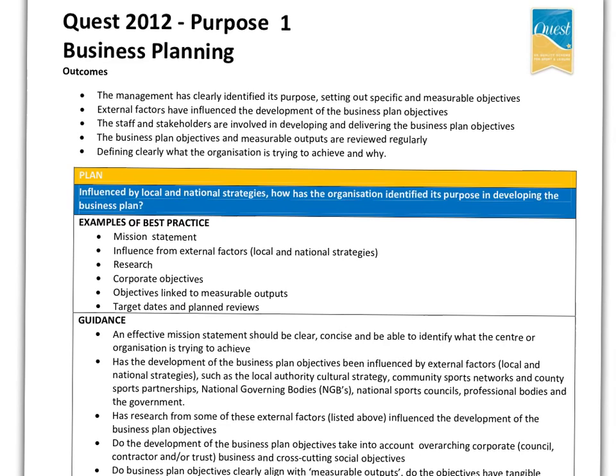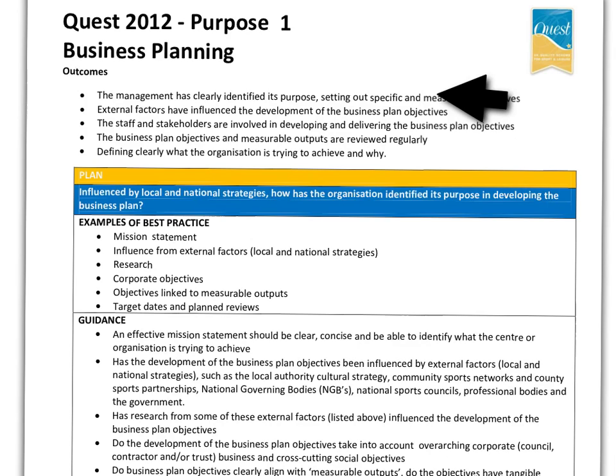So as an example, key questions that we should be asking ourselves as assessors are: can we identify if the manager has clearly identified the purpose of the organisation and or company?